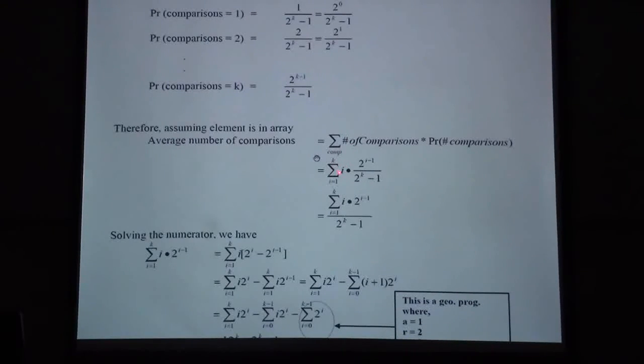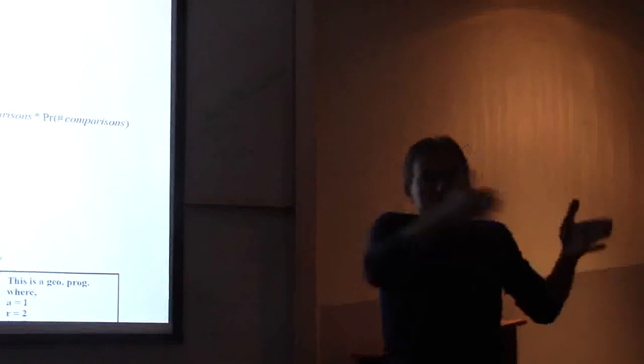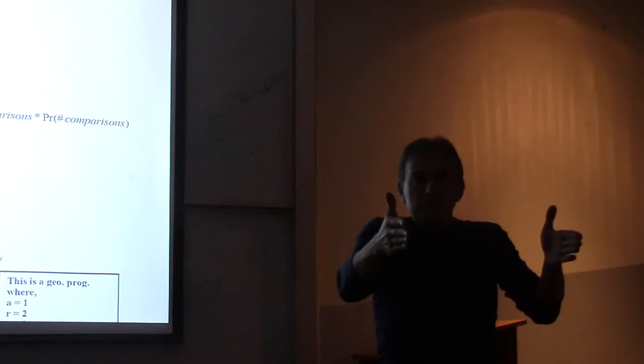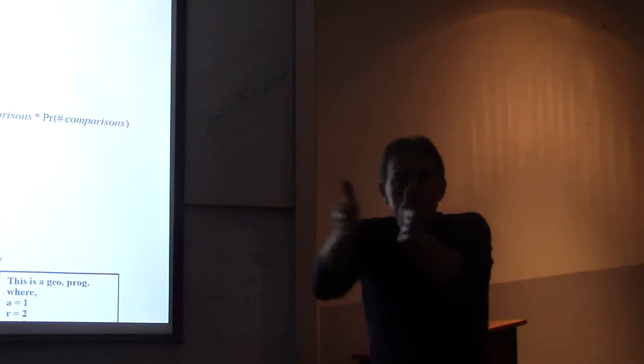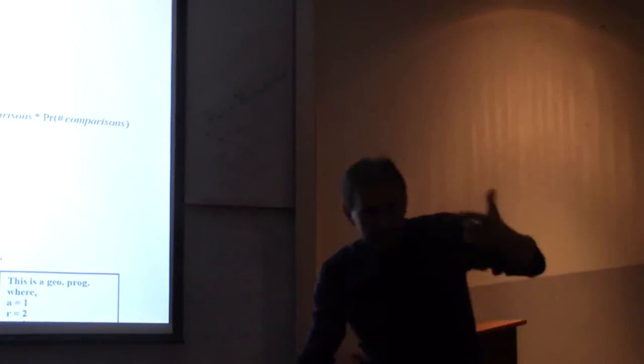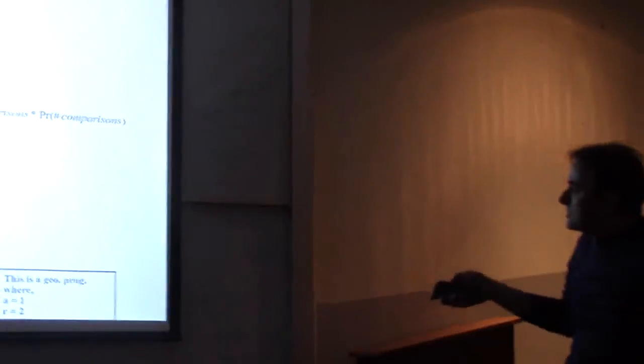It's increasing by 1. Middle, 1. That's 1 comparison. But if you miss it, you got 2, which are the middles of the second level, 2 comparisons. If you miss that, you got 2 and 2 here, you got 4 with 3 comparisons. So you understand how we're building this summation.